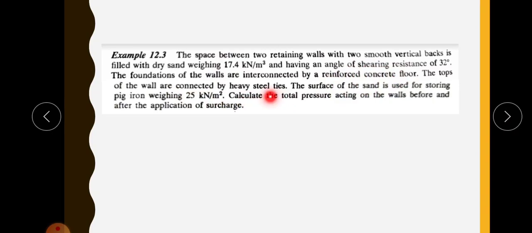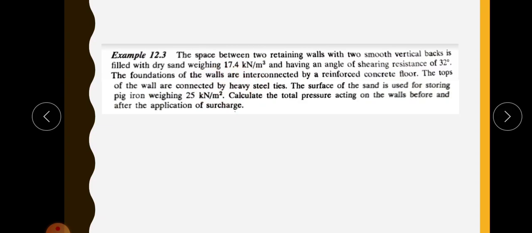So it is the indication that this is the at rest condition, because it is tied very tightly, it cannot move, there is no movement of the retaining wall. So from this sentence we can identify that this is the earth pressure for at rest condition. Okay, so that we got.